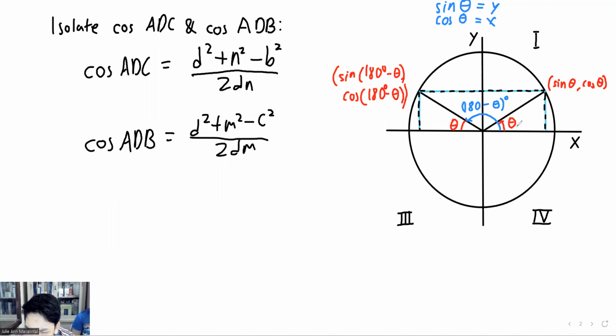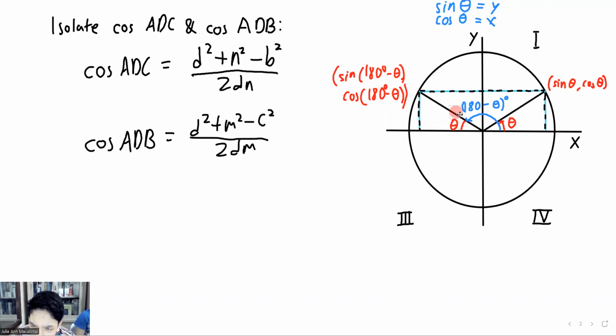So here with just angle theta, this is sine theta, cosine theta, and then this blue angle over here, the coordinates of where this terminal side hits the circle are sine 180 minus theta and cosine 180 minus theta.